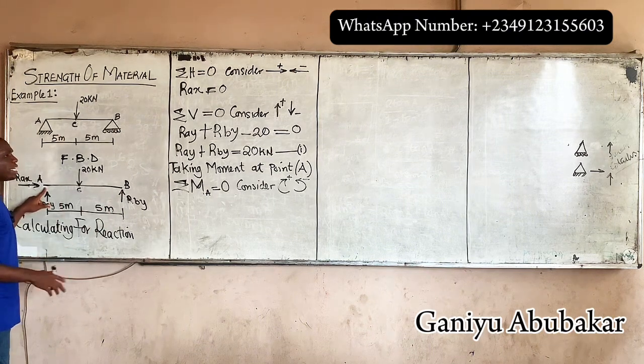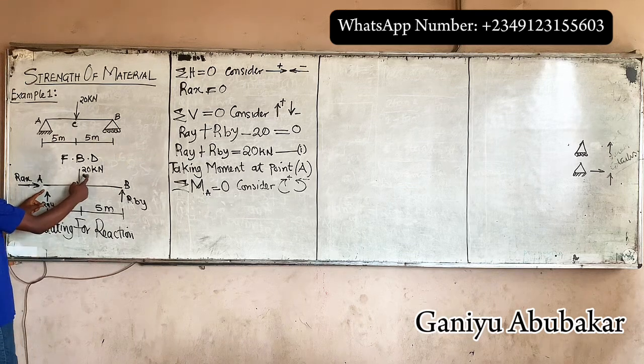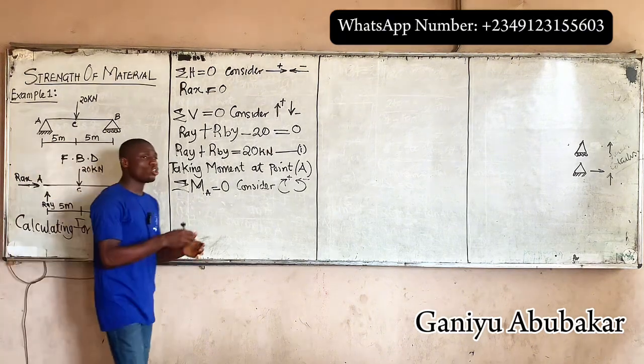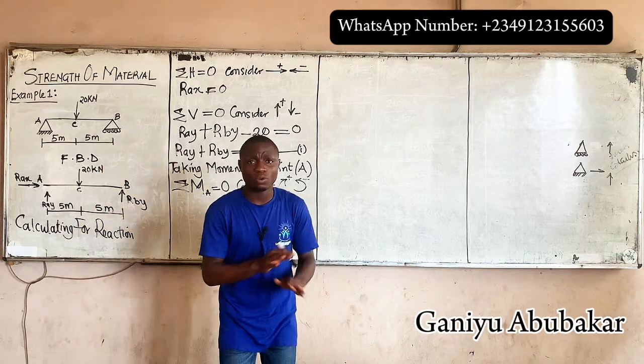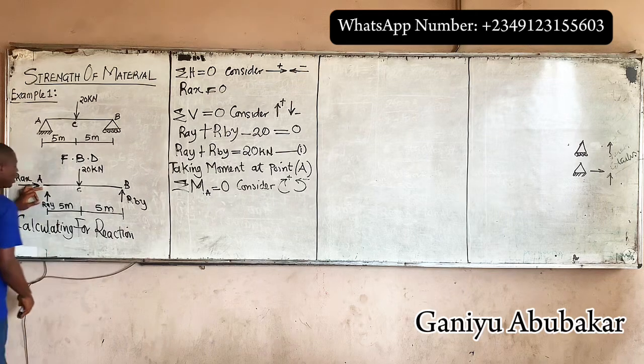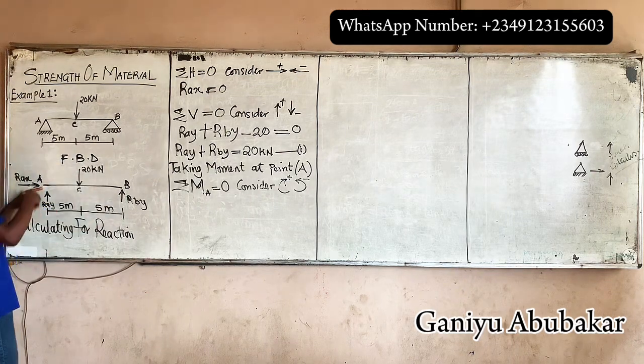Now listen up. If the moment from A is 0, then this reaction 20, observe, this reaction C, if this C comes to meet A, how will it move? If I take moments here, it means that all the rest of the forces will come to that point.